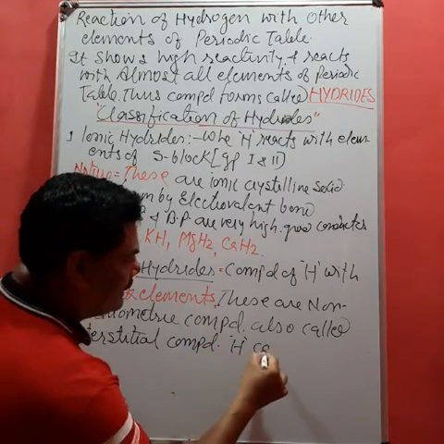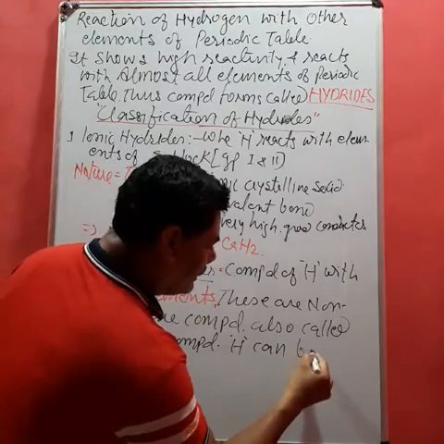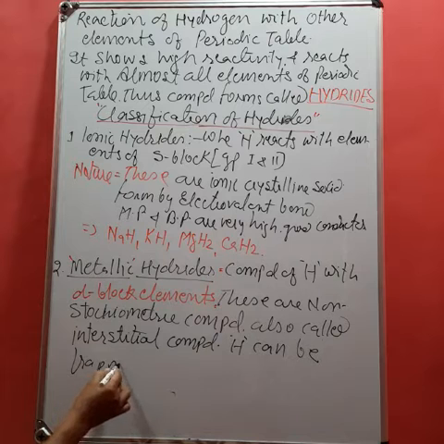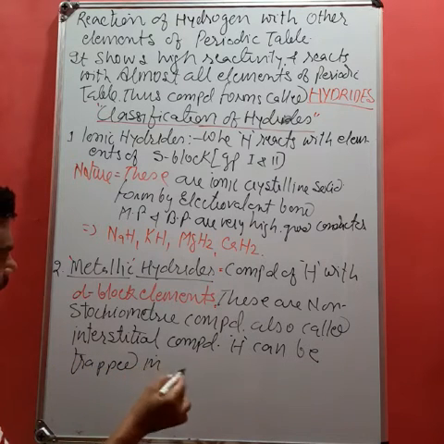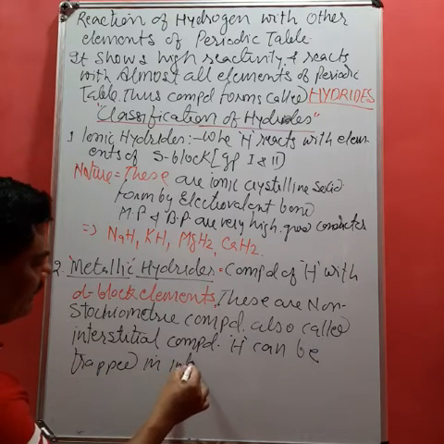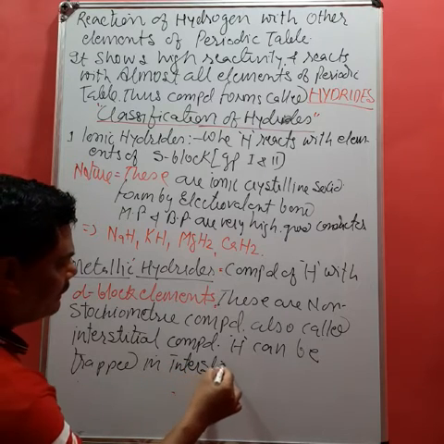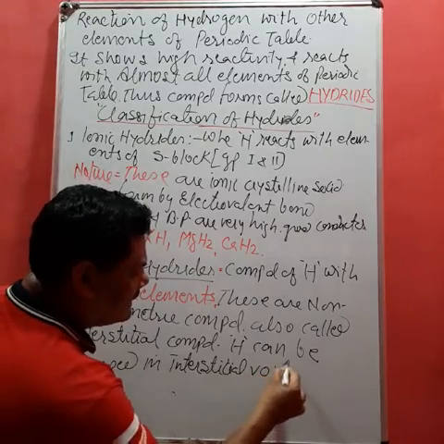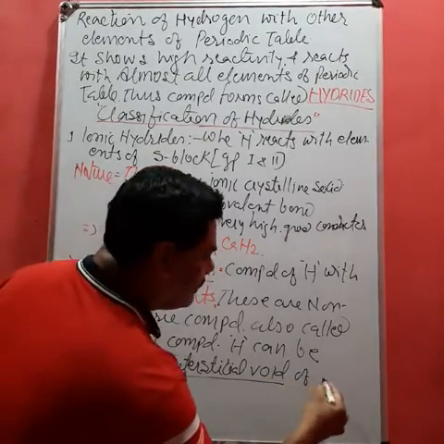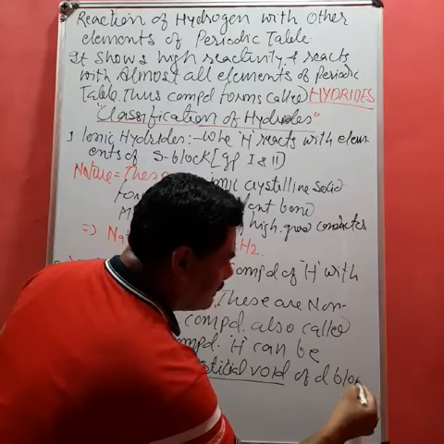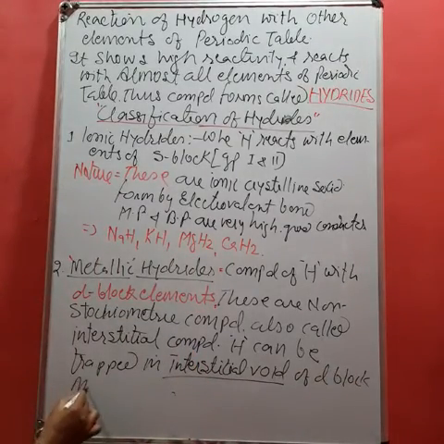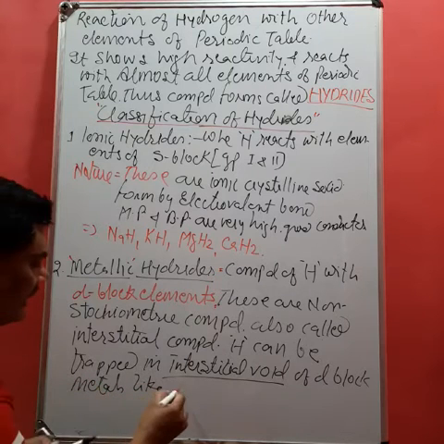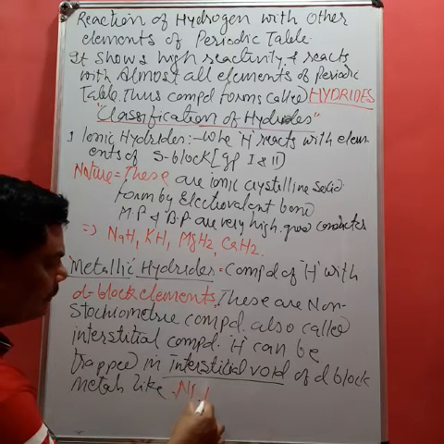Hydrogen can be trapped in interstitial voids, that is gaps, of d block metals, like nickel and platinum.